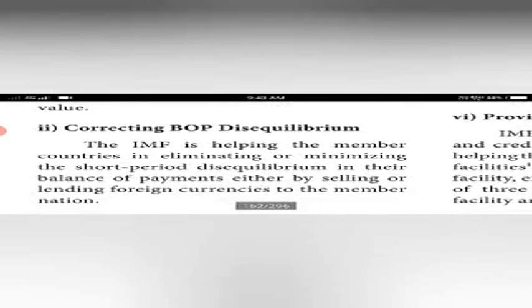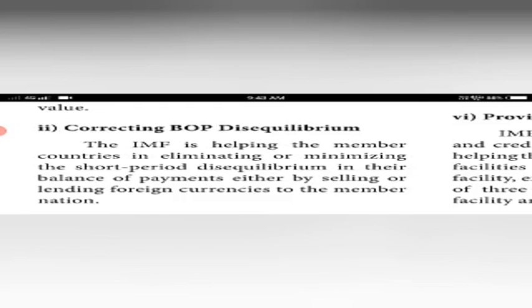Correcting BOP. BOP means balance of payment. The IMF is helping and assisting the member countries, 189 countries, in eliminating or minimizing the short period disequilibrium in their balance of payment, either by selling or lending foreign currencies to the member nation. During selling and buying, they have to maintain the balance of payment.